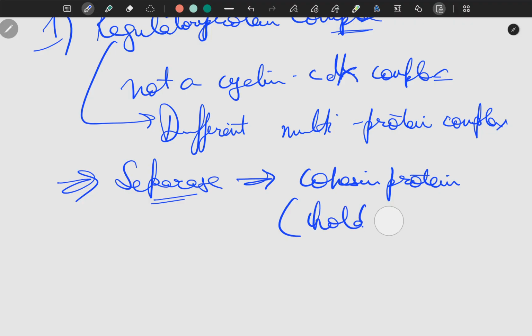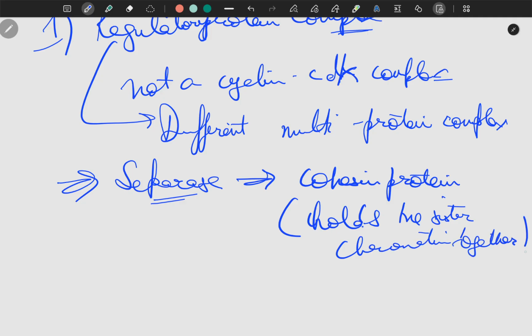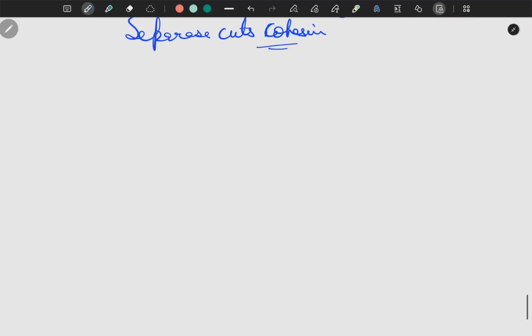Separase cuts the cohesin protein. So the sister chromatids get separated from each other.